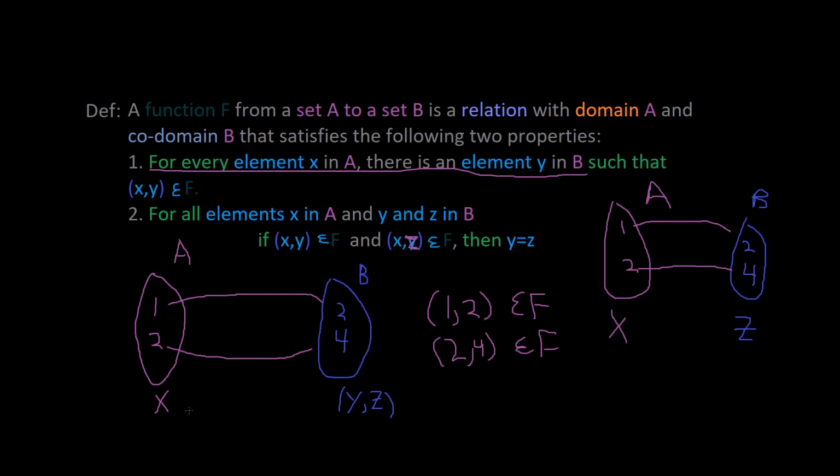And so this satisfies property number 2, where it says that for all elements x in A, and y and z in B, y and z are these two elements. Let's say this is element y and this is element z. Then it satisfies that our ordered pair x comma y, and so this is not going to be an ordered pair, don't get that confused down here, our ordered pair x comma y is an element of the function, and our ordered pair x comma z is an element of the function.